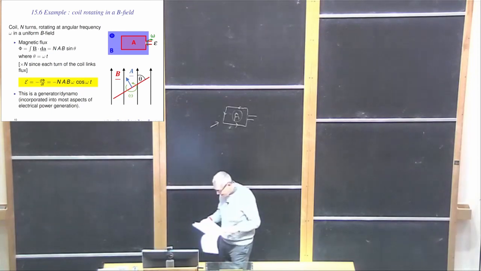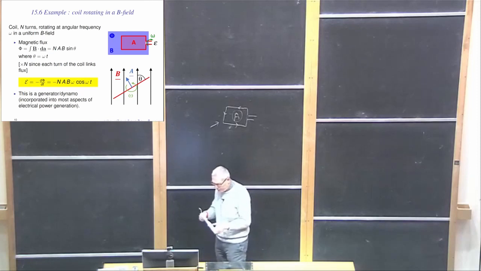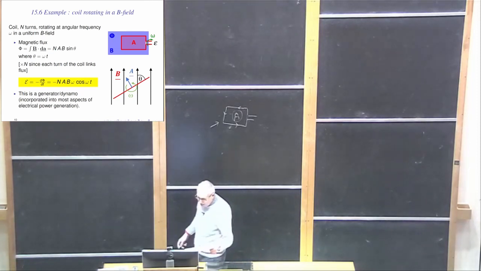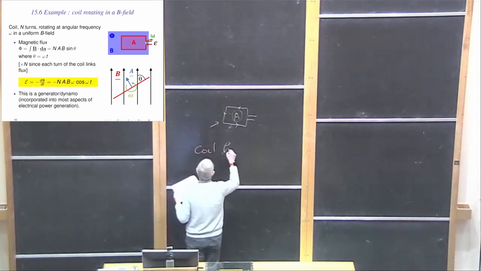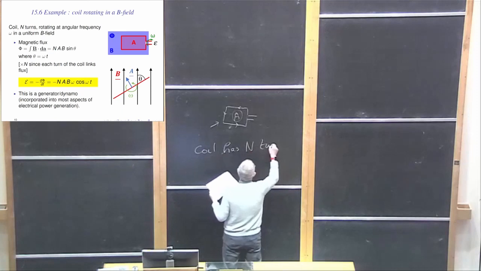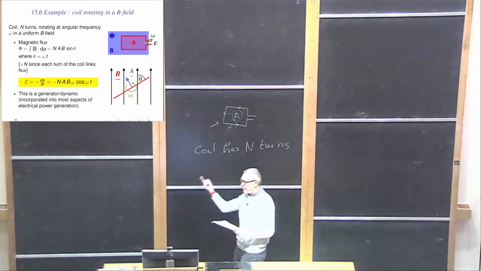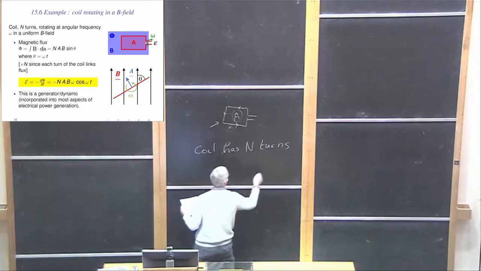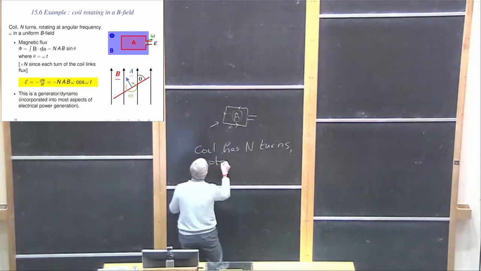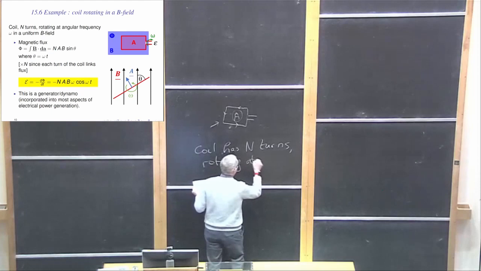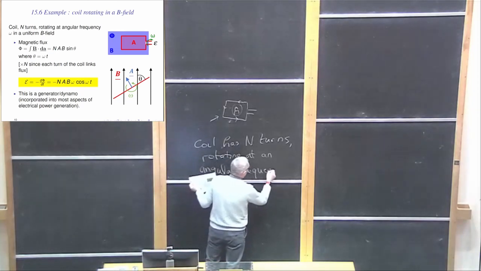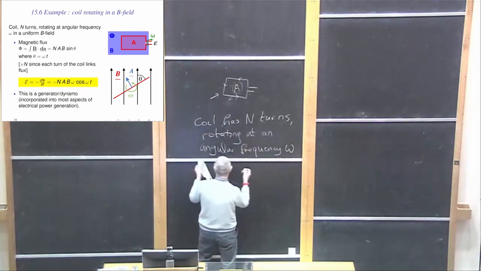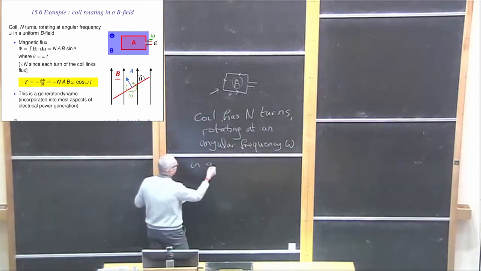So the coil rotating in a B field. I'll write this on the board. The coil has n turns. That just means the wire is wrapped around itself n times, rotating at an angular frequency omega in a uniform B field.